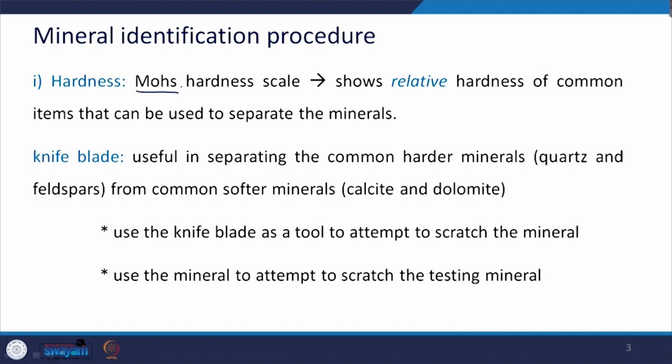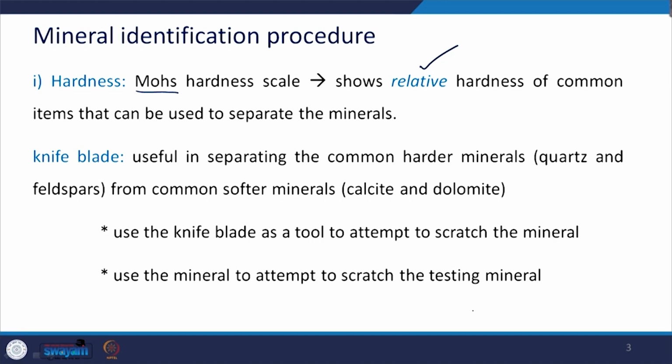Please keep in mind that it shows the relative hardness of common items which can be used to separate one mineral from the other. So here the hardness is not in absolute terms but in relative terms.